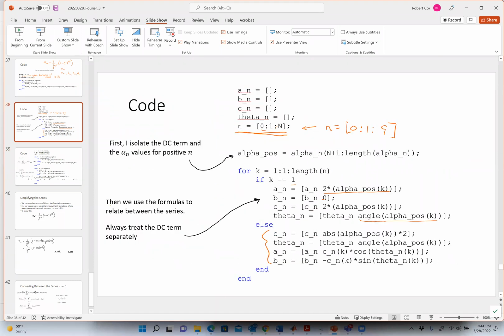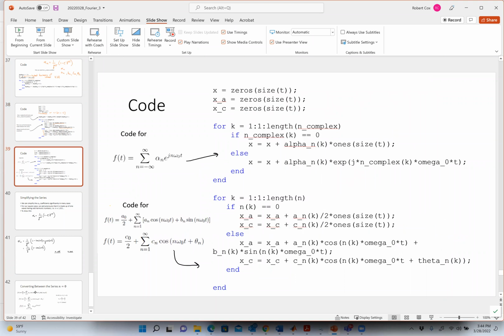And then I wrote code to generate what the function should look like. So here's me creating the function using the alpha values, the complex form of the series. And then down here, I have another version of it doing it for the AB version of the series, and for the C theta version of the series.